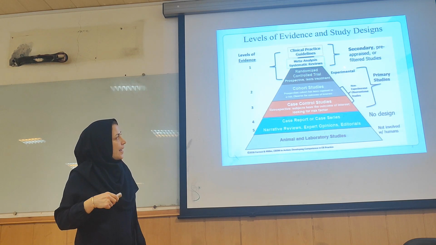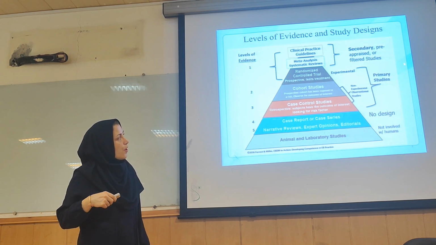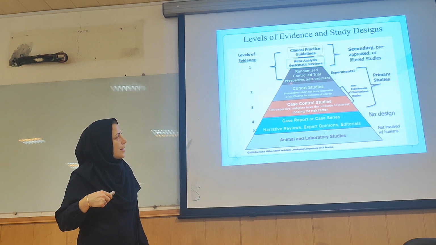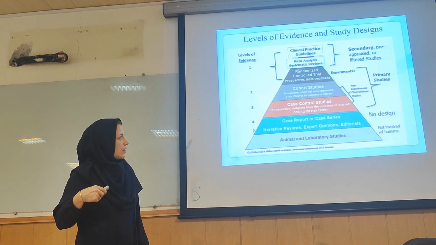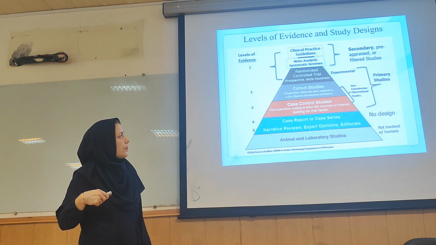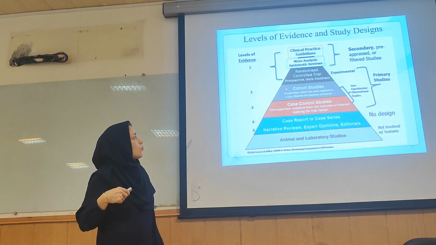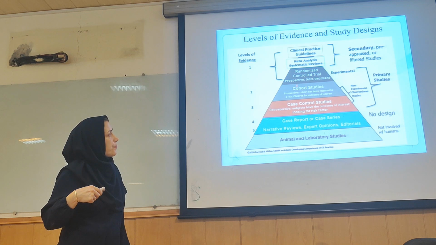But after that, you go to primary studies: case control studies, cohort studies, and experimental studies that we name randomized control trials. When you are going to the top, the level of evidence would be higher.